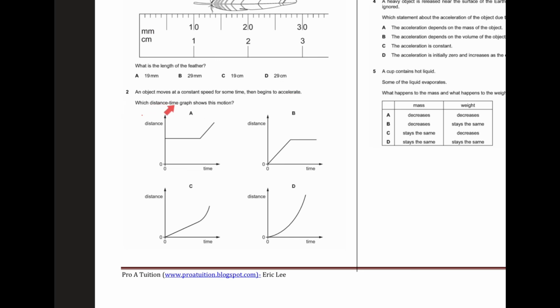Which distance-time graph shows this motion? Do you have any idea or not? Constant speed, how's the graph? There's no acceleration. Then after that, it accelerates. So which graph is correct?